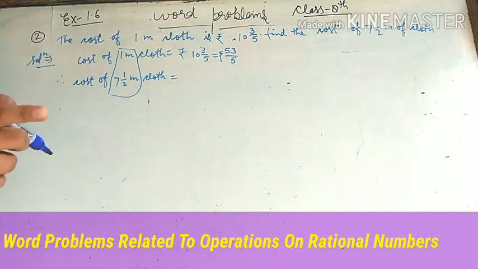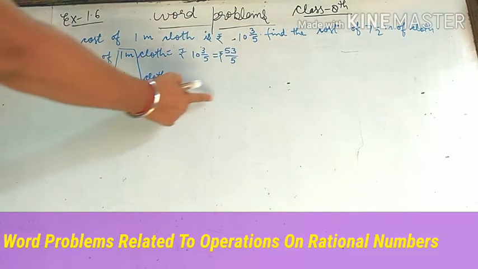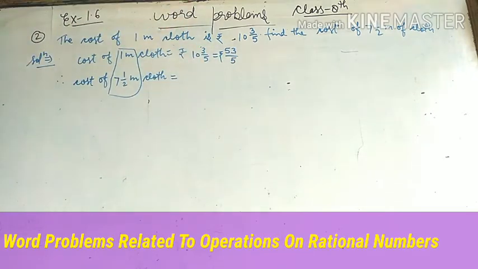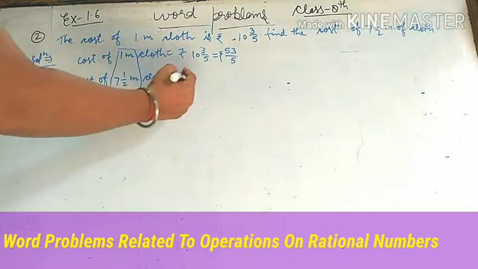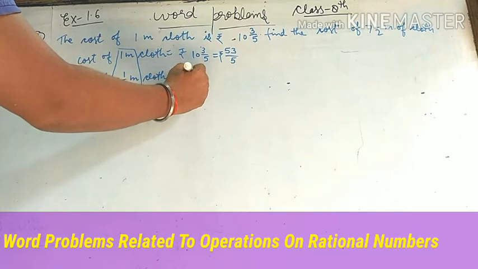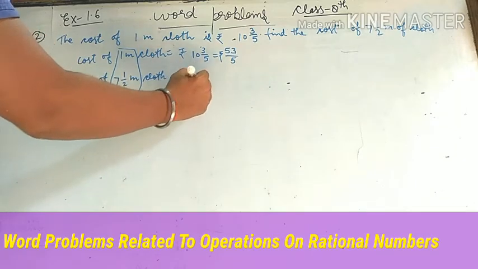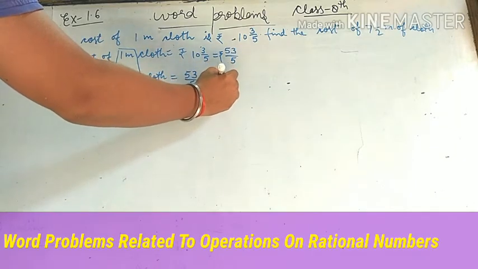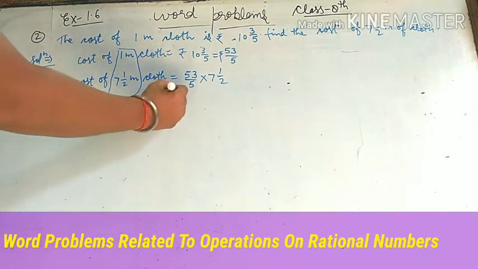So 53 upon 5 multiplied by 7 complete 1 upon 2.